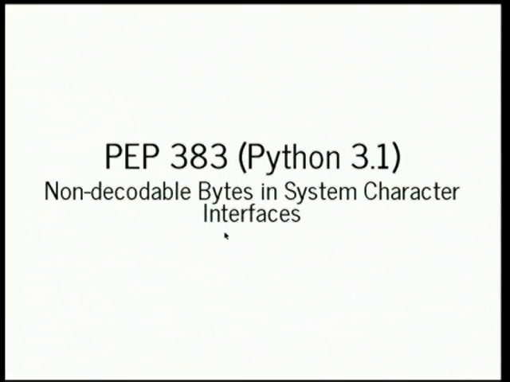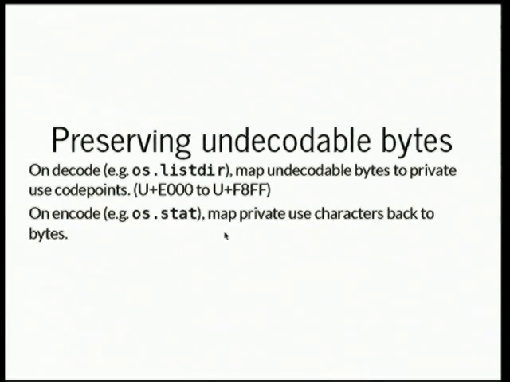So to address this, Python 3.1 saw the introduction of PEP 383, called non-decodable bytes and system character interfaces. And the way this works is that at the Python operating system boundary, we take bytes which cannot be decoded, which are not in ASCII range, and map them into private Unicode use points, which the Unicode Consortium has reserved for the use of applications.